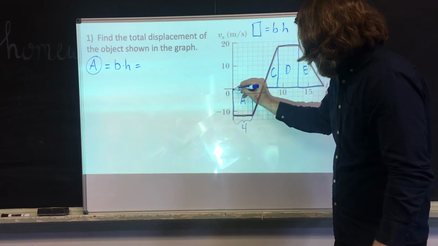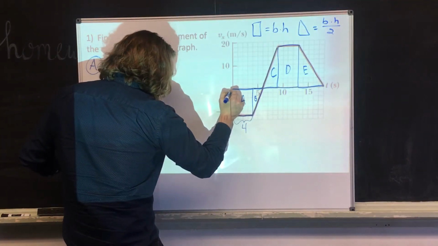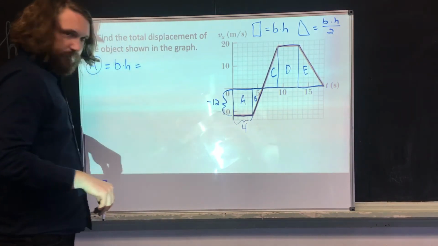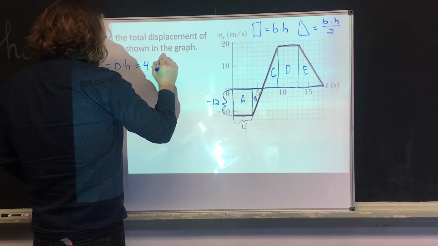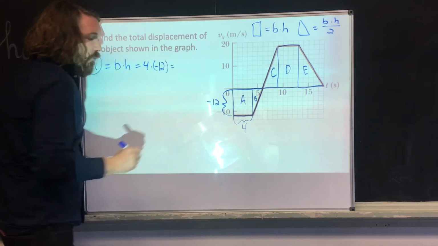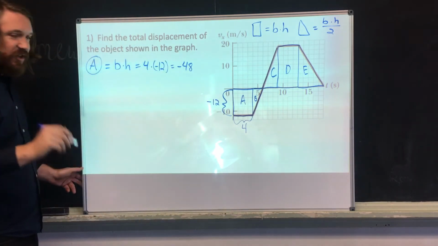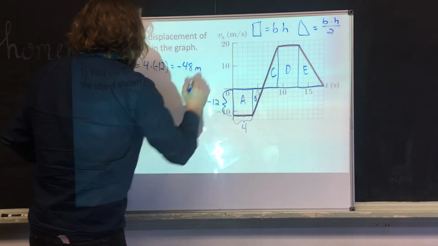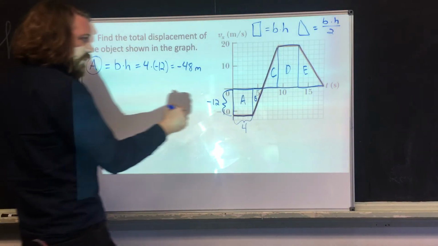And the height goes from 0 down to negative 12, which means our height is, you guessed it, negative 12. So our base here is 4 times negative 12. 4 times negative 12 is negative 48. This is going to make for some fun math later. And this is meters, because again, it's displacement. 1 down, 4 to go.